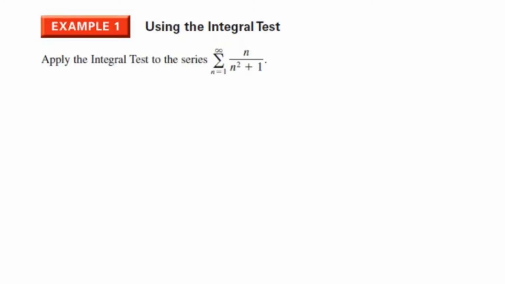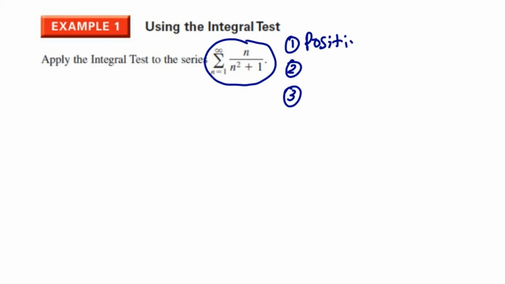Now let's apply the integral test to a problem. So I have the series n over n squared plus 1, and we're going to decide whether it converges or diverges. We are going to check a few things here. Number one, is it always positive? Yes, because n starts with 1, so it's always positive. Is it continuous?